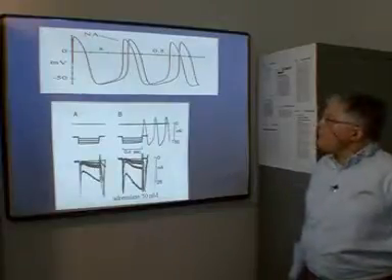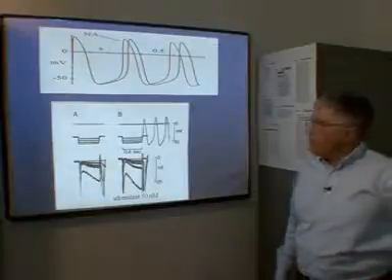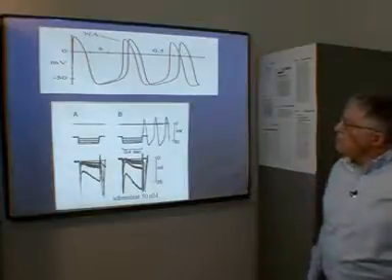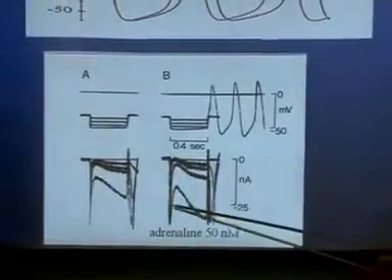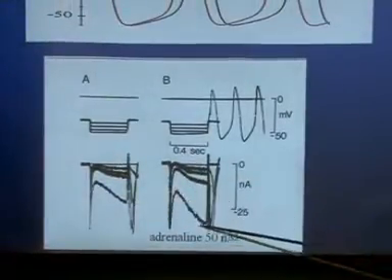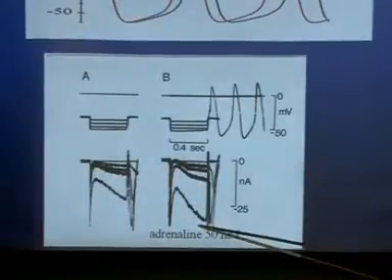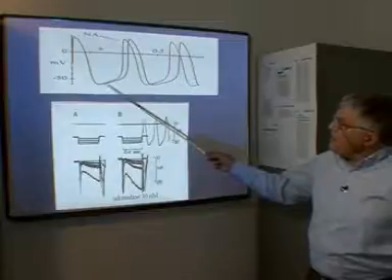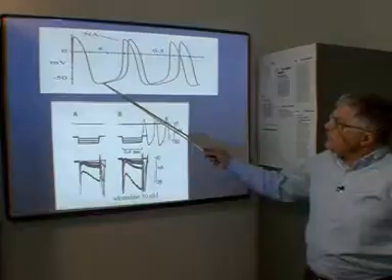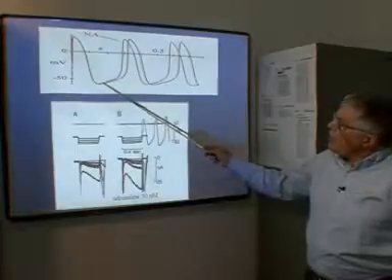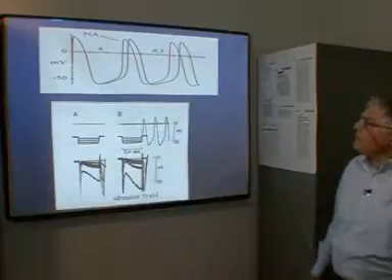And we were very curious to see what was the effect of adrenaline on the funny current. Well, we were very excited to see that indeed adrenaline increased the funny current in the inward direction very markedly, with an effect that, by increasing the inward current available during diastole, would act on an increased slope of the pacemaker depolarization.